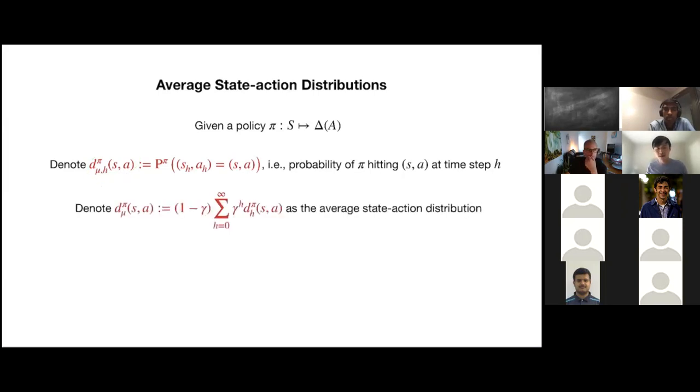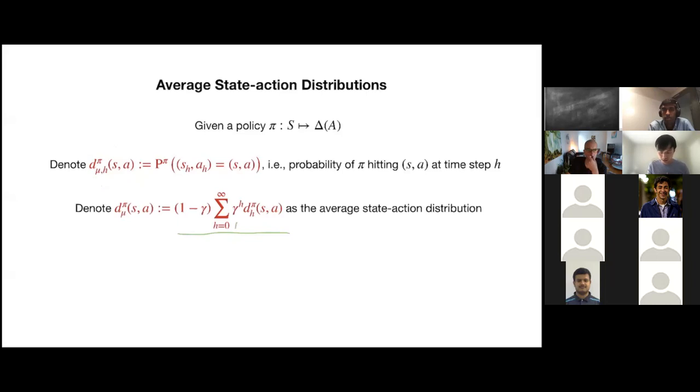Right? And now we have infinitely many steps, so we have infinitely many such distributions. So let's define a mixture distribution, which is the average state action distribution. That is the average of all these distributions over different time steps, and we discount it properly.